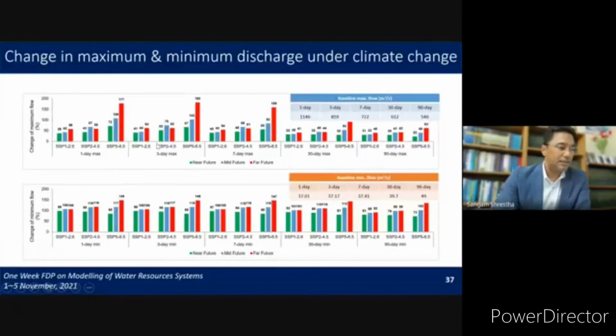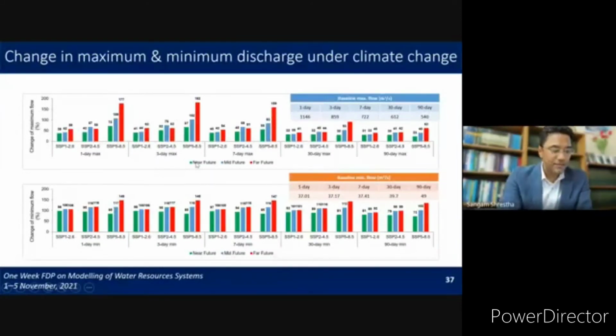The indicators are 1 day maximum, 3 day maximum, 7 day maximum, 30 day maximum, and 90 day maximum. You can see that in both indicators, maximum flow and minimum flow, the discharge will be increasing in the future.